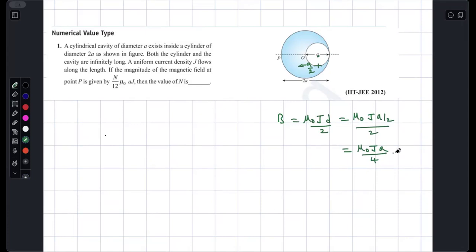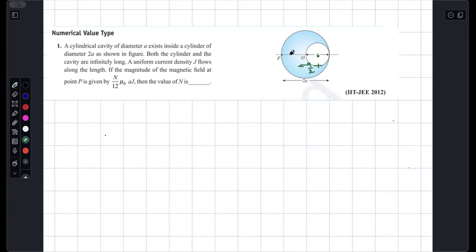And you equate this to mu naught J A N mu naught J A by 12. At point, acha. No issues. No issues. I'll do this.